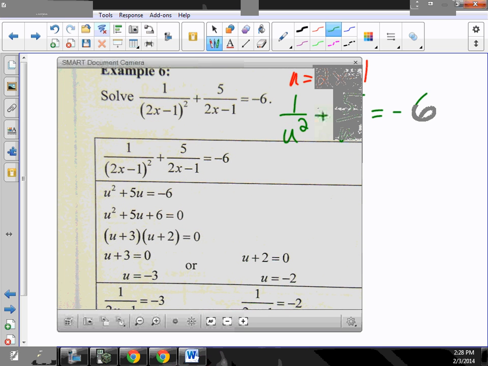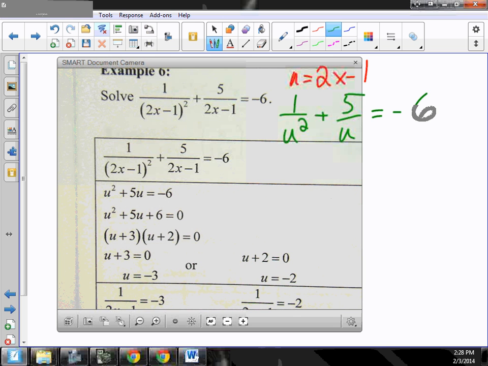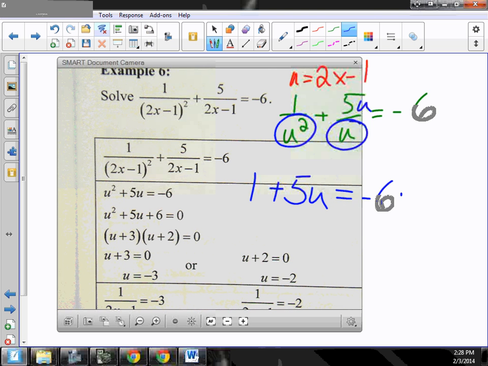Get a common denominator. So what is the first denominator missing? Nothing. So I can have 1 plus. What is my second denominator missing? A U. So I put a U in the top. 5U. What is the last denominator missing? U squared. So equals negative 6U squared.